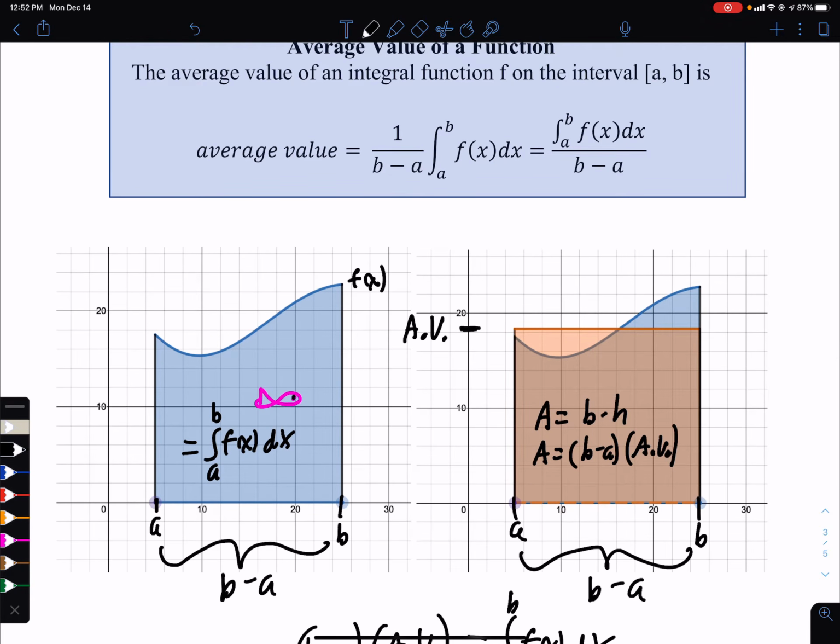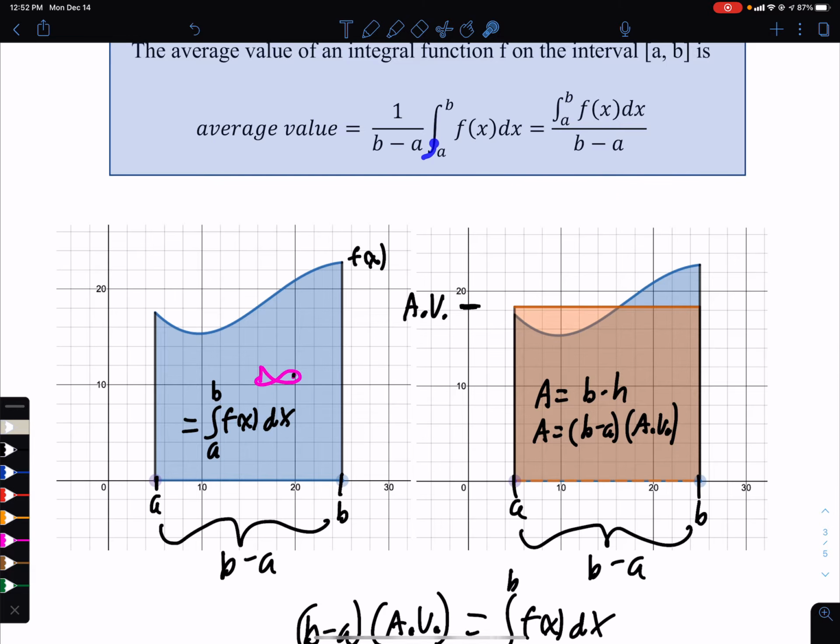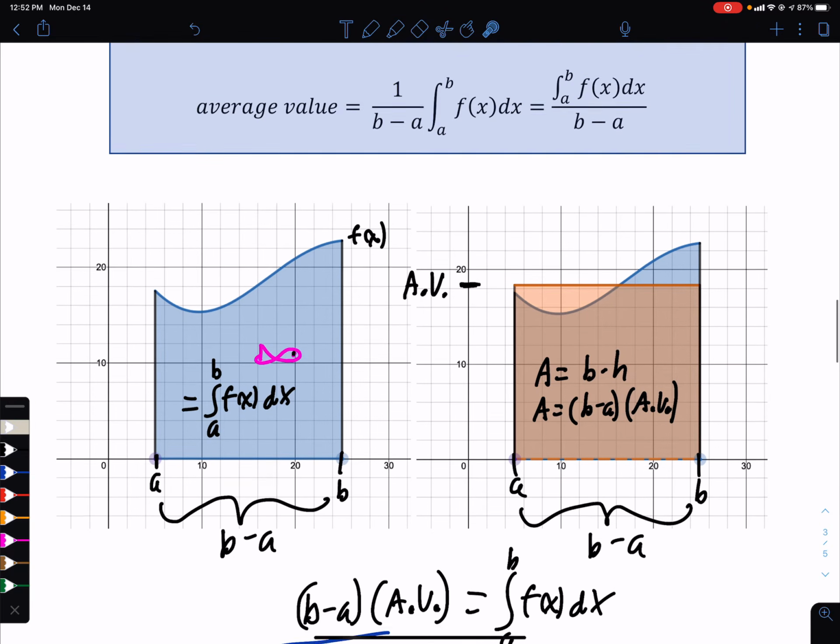Now here's another way of thinking about it. When someone says find the average or the mean, you would add up all your numbers and divide by the number of numbers, right? Well, that's kind of what we're doing here. When you integrate, remember this is like adding. You're summing up all your f's and dividing by how many f's you had. Kind of, that's the process. How do you find the average?